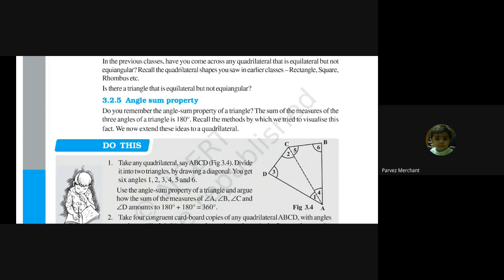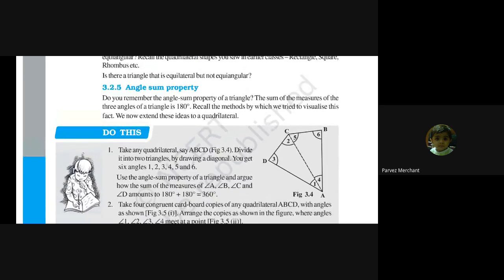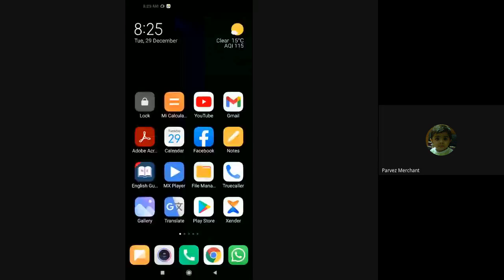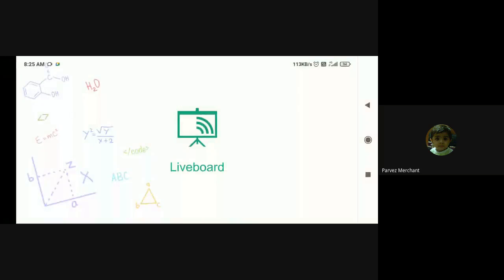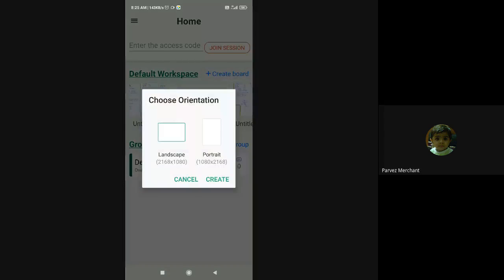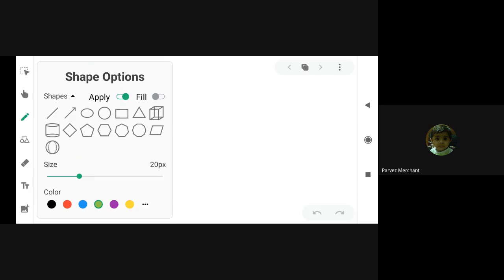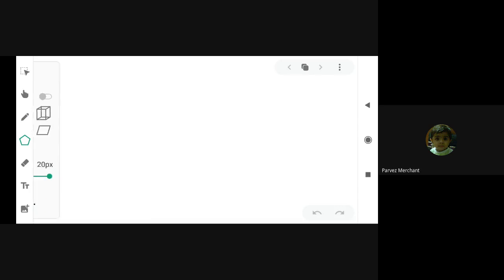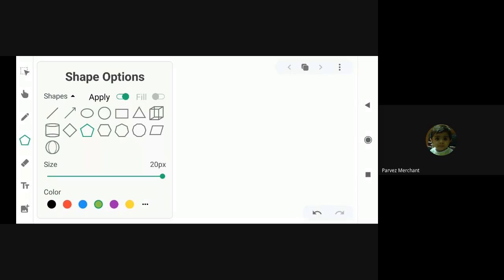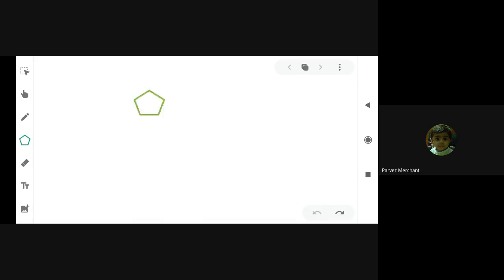Okay, for example, I am giving you a pentagon. Okay, it is a pentagon.